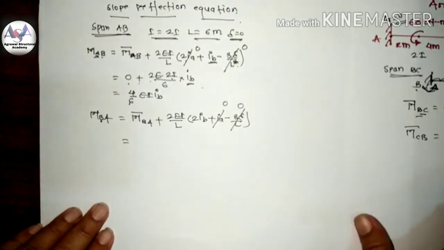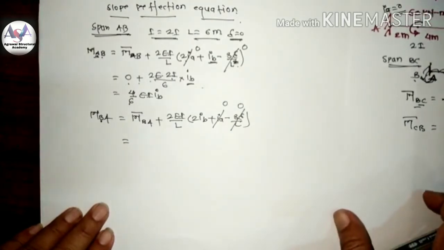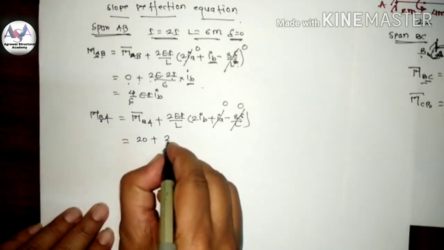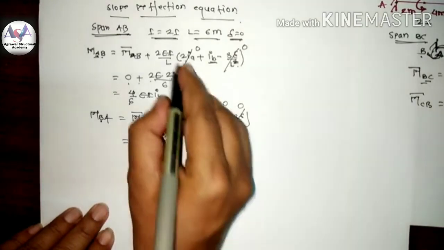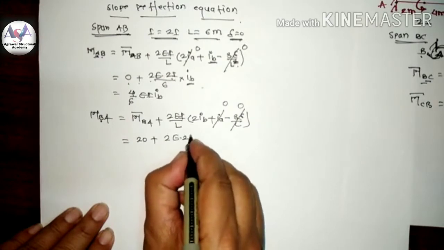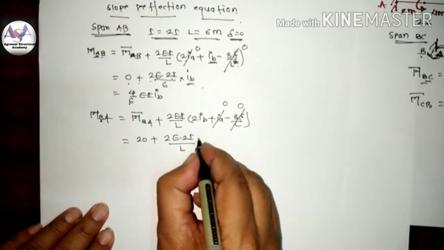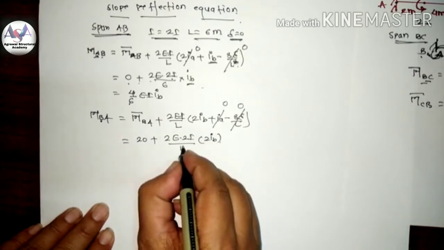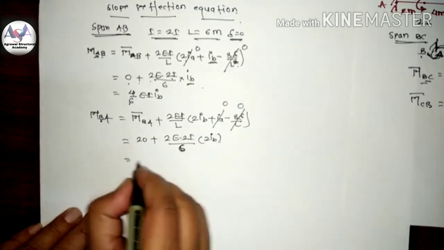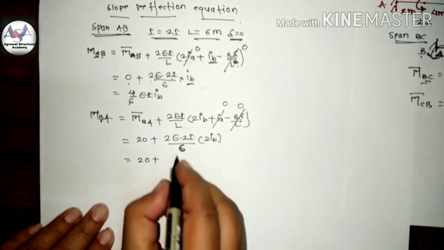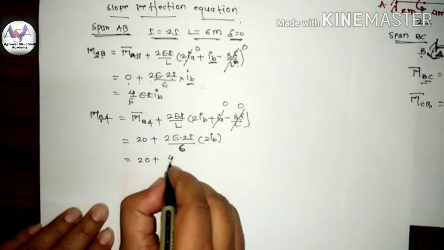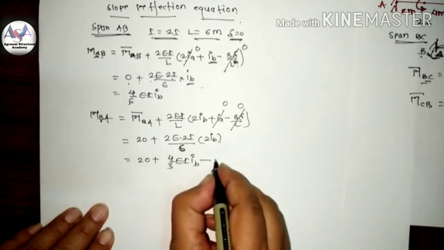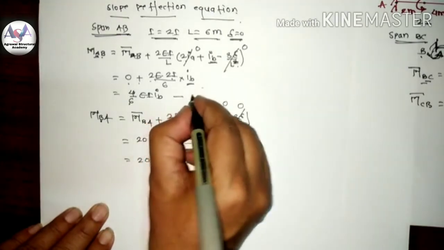So M BA is plus 20 plus 2E into I equal to 2I divided by L into twice theta B. L is equal to 6. So this becomes 20 plus 4 by 3 E theta B. Give this as equation number 2. Call the previous one equation number 1.